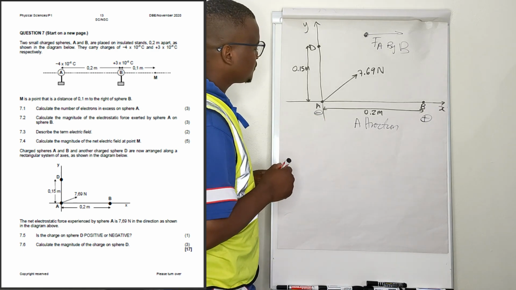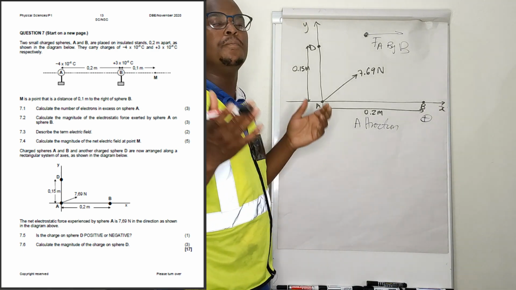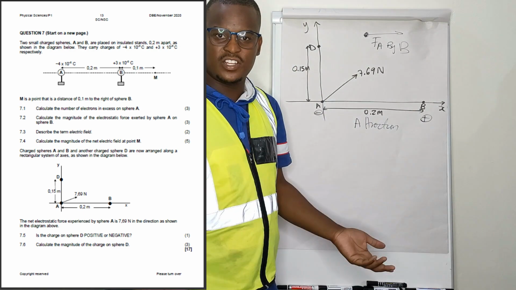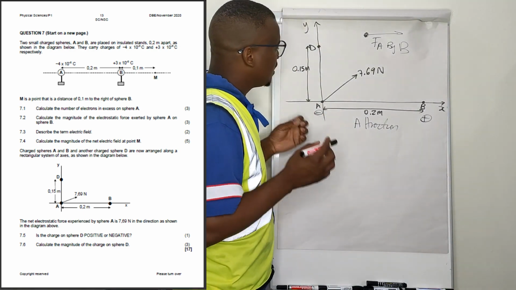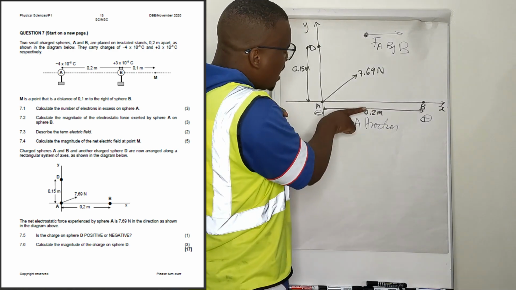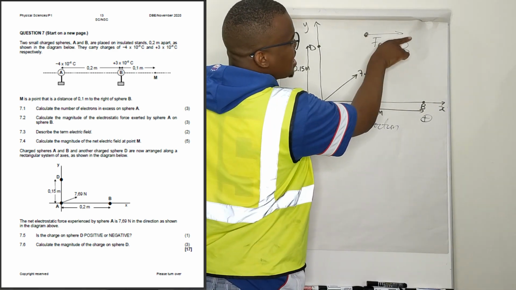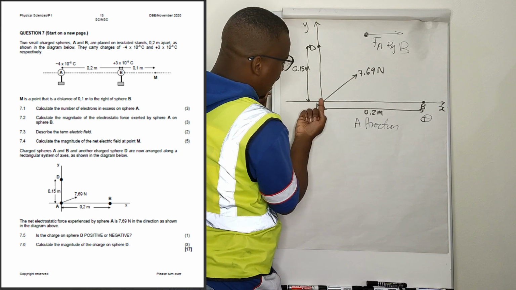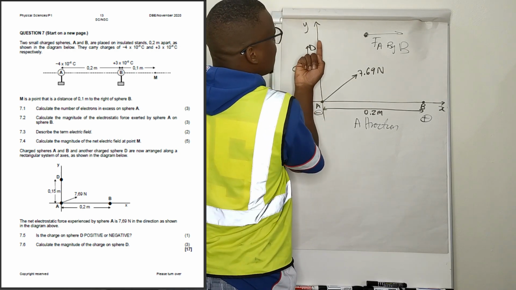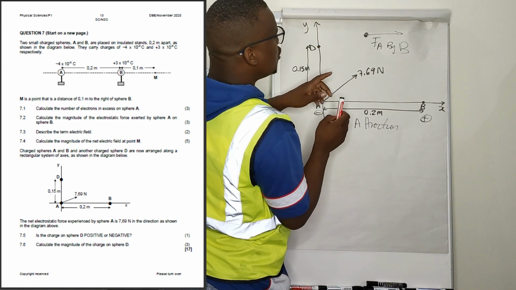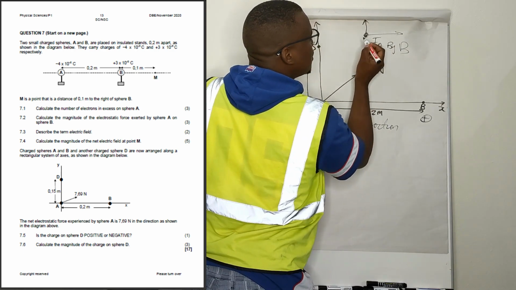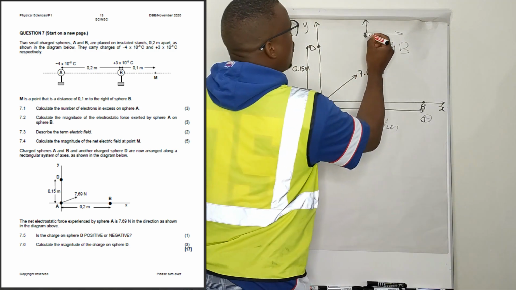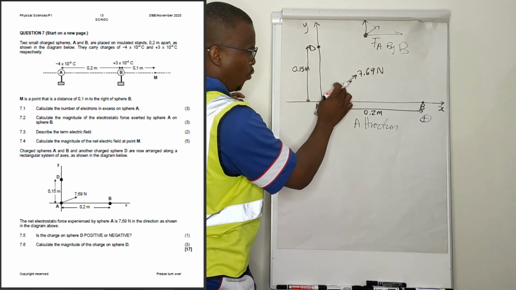I'll repeat this. Let's say D is positively charged. What does that mean? A will experience an attraction in that direction, and also another attraction in that direction. Your sphere is pulled in this direction and that direction, so the resultant force will be in this direction.